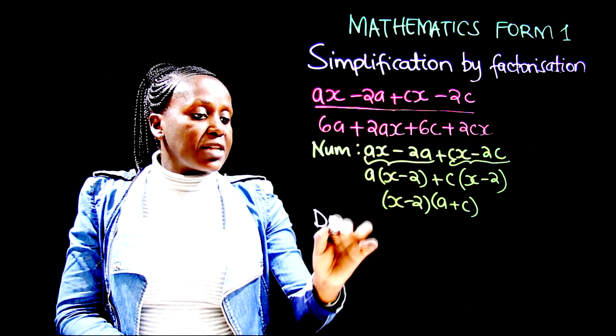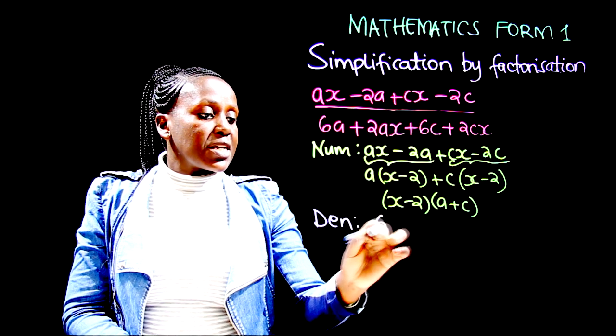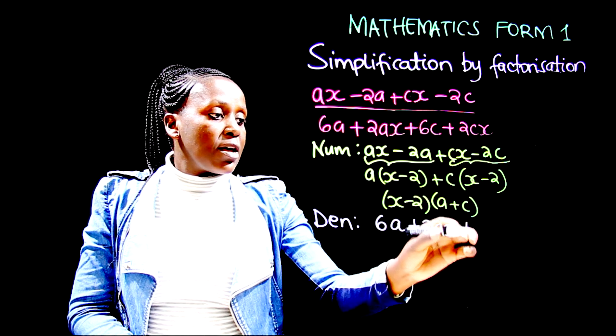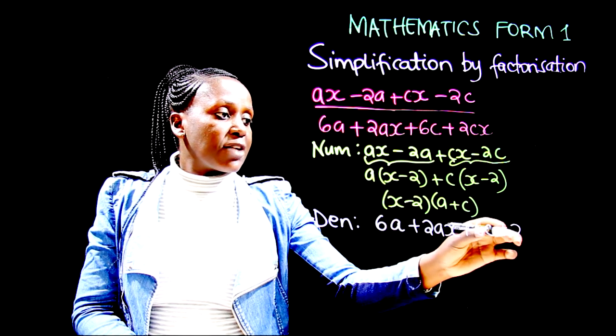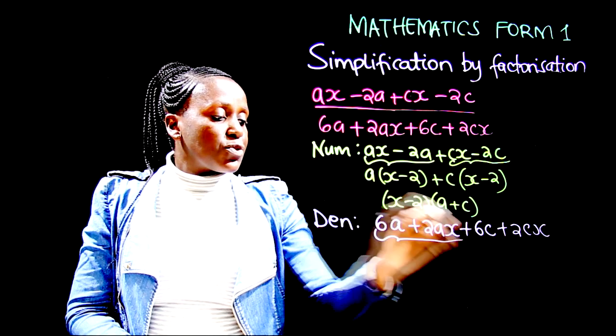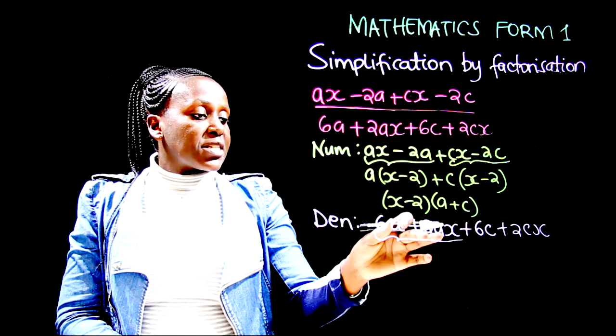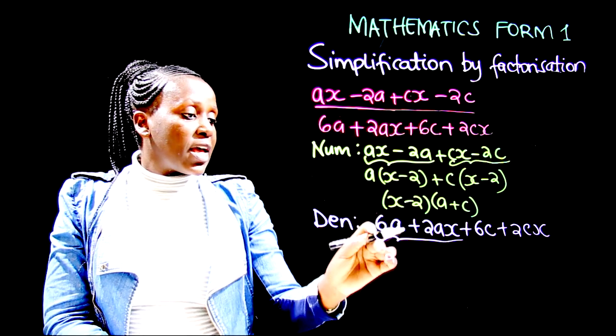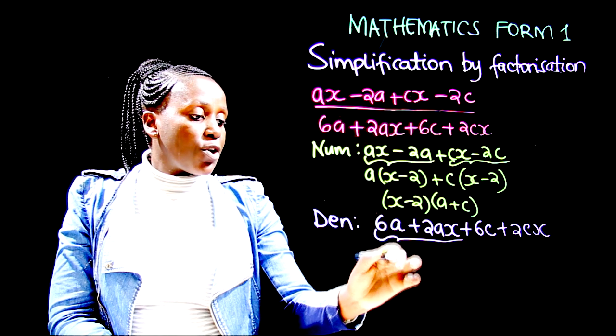So in the denominator we have 6a plus 2ax plus 6c plus 2cx. Looking at these two, between 6 and 2, they are both divisible by 2, so 2 is common. Then a is also common.